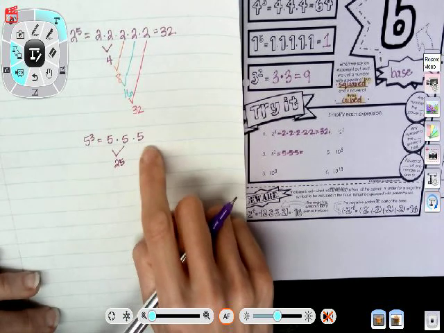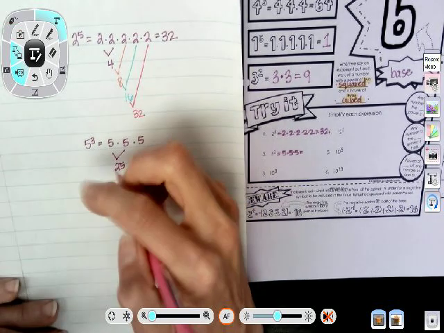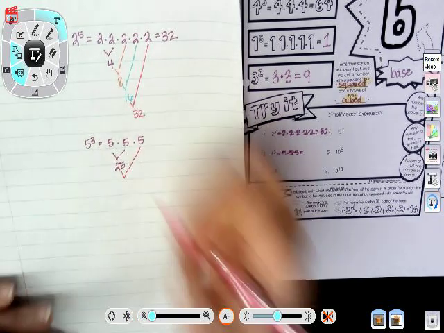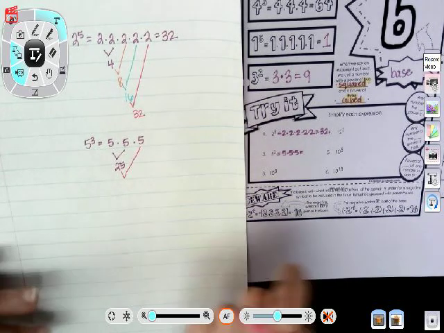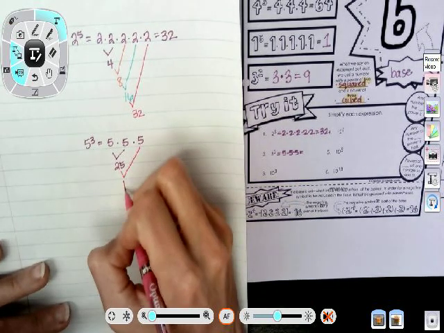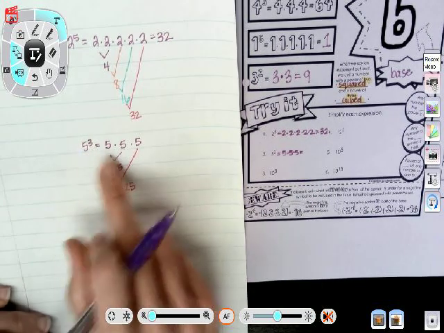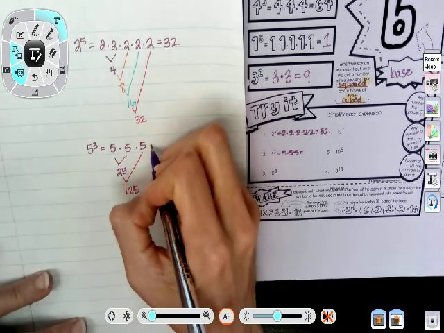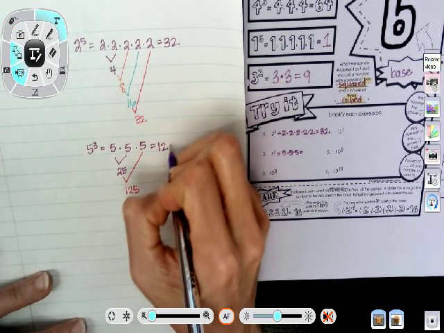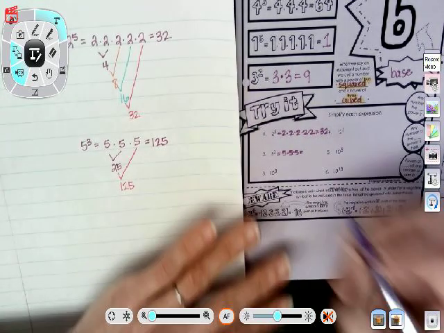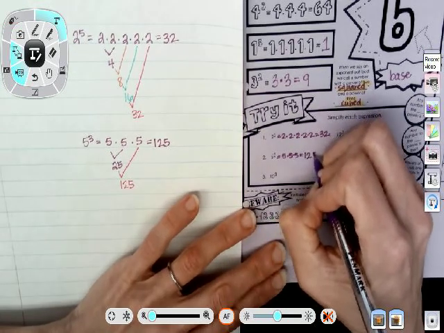And I got one more 5, so I got to take that 25 and times it by 5. In my brain, I think of 5 quarters for 5 25s, and 5 quarters is $1.25. So I know that 5 to the 3rd power is not 15. It's 125. This is special multiplication.